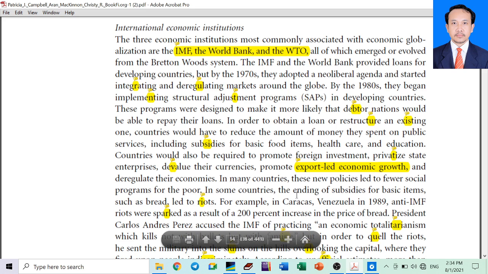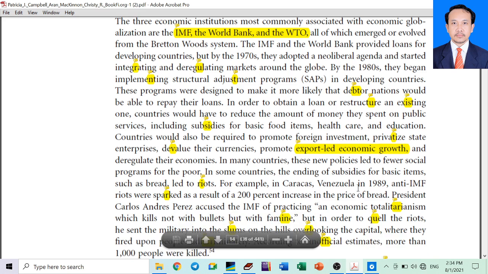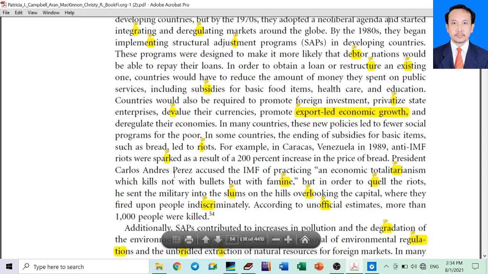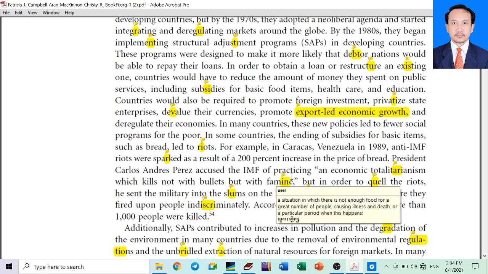In some countries, the ending of subsidies for basic items such as bread led to riots. For example, in Caracas, Venezuela, in 1989, anti-IMF riots were sparked as a result of a 200% increase in the price of bread. President Carlos Andres Perez accused the IMF of practicing an economic totalitarianism which killed not with violence but with famine.